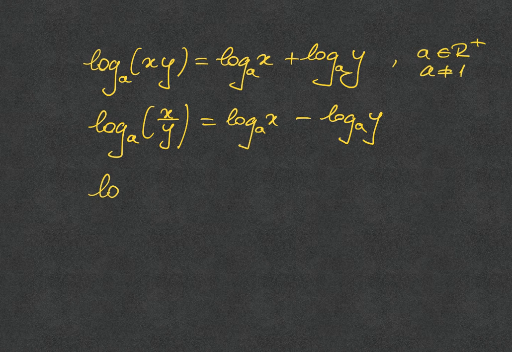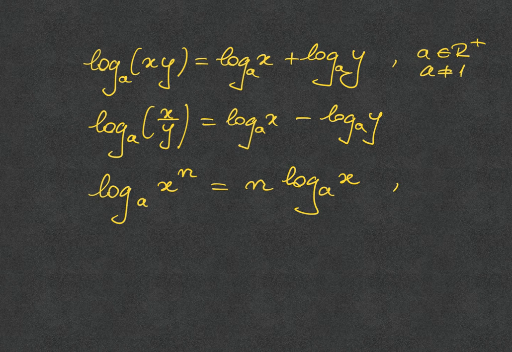And this again works for any base. And the third one is log in the base a of x to the power of n is n log in the base a of x, for any a as the one before and for any n which is a real number. So these results are true for logs in any base.